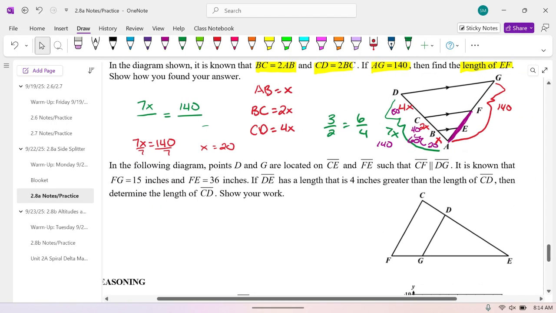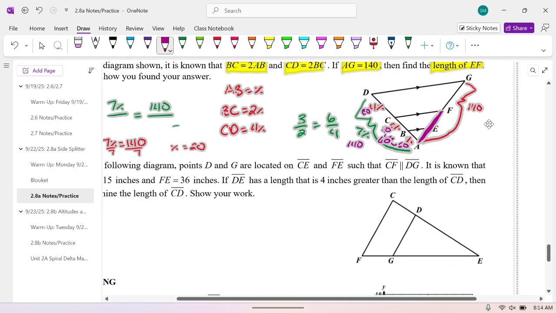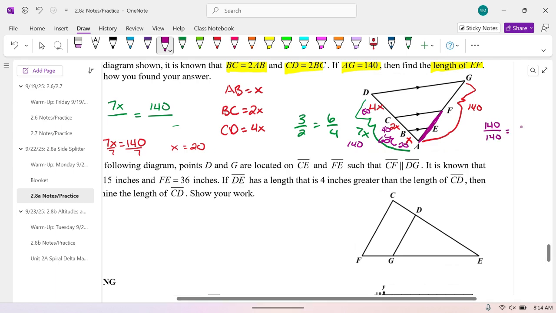So in reality, if we have 140 over 140 is equal to 60 over, let's say, y. 140 over 140 is 1. So 1 times 60.